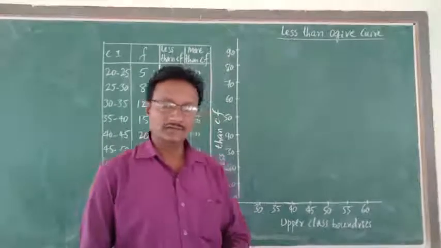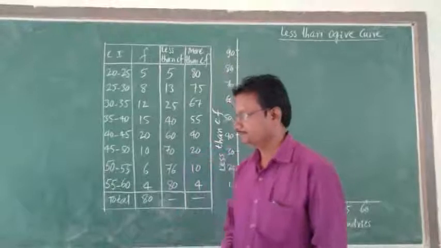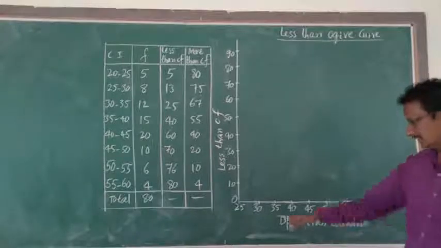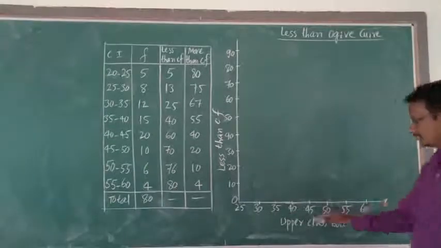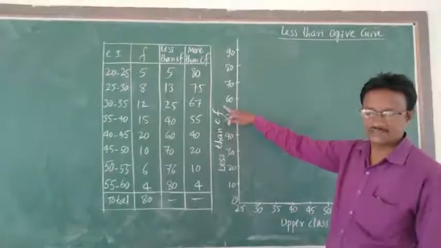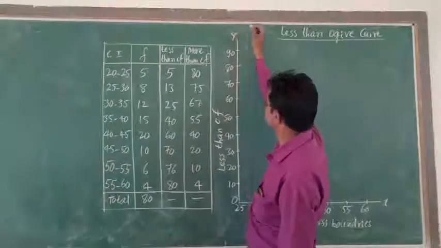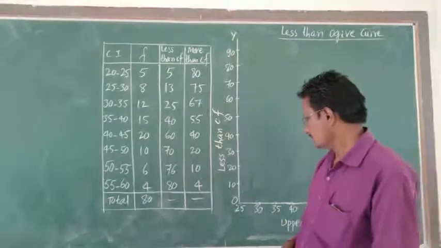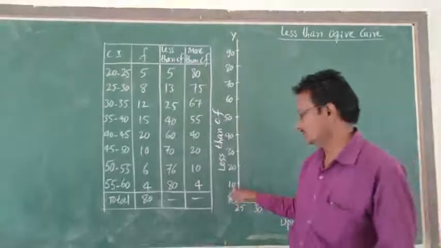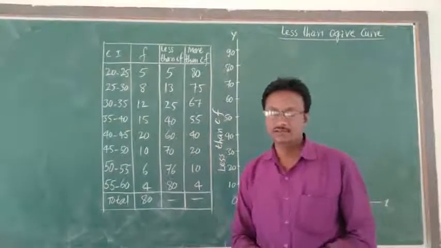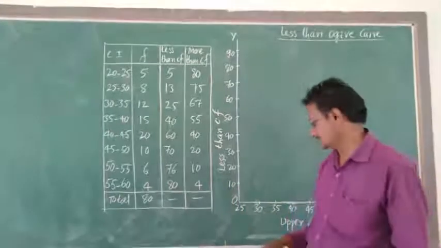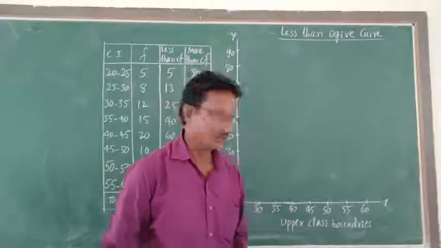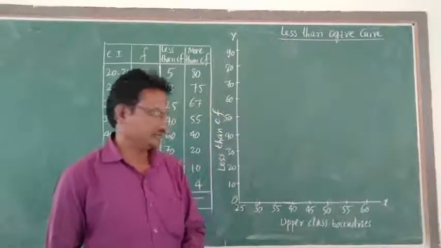For construction of less than ogive curve, take upper class boundaries on x axis and less than cumulative frequency on y axis, and here the proper scale is 1 centimeter equal to 10 workers on y axis, and 1 centimeter equal to 5 rupees wages on x axis.